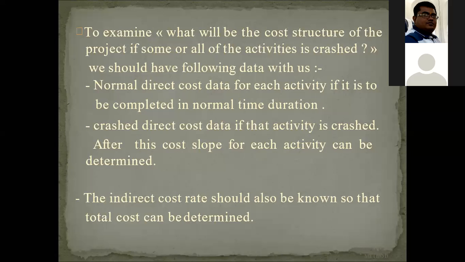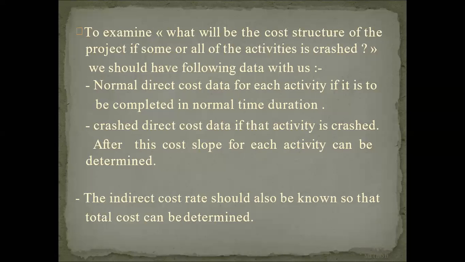So this indirect cost rate means if you increase one labor, if you increase two labors, how much cost is increased for that labor. We must know per day per labor how much cost is there. So if these many things are with us, then we can go forward and solve the example.